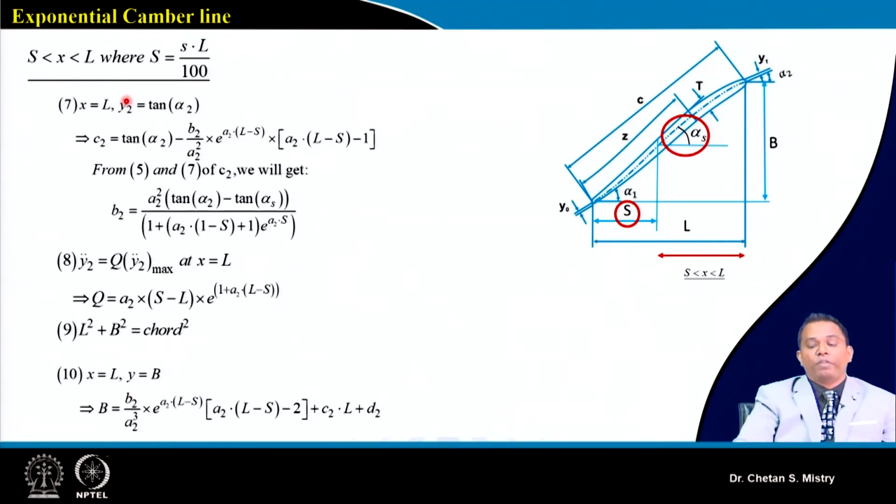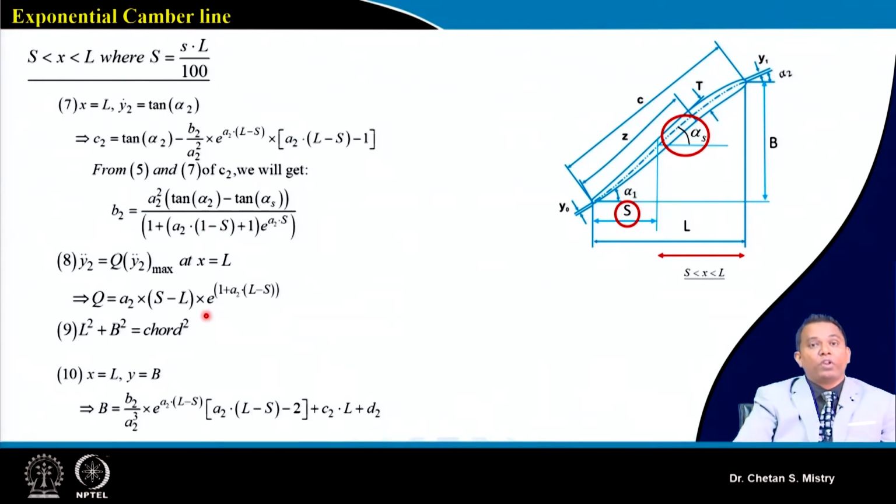Now we will be putting the next boundary condition at x equal to L, near the trailing edge. That will give me a second value of c2. Again, if we solve these two values of constant c2, we will be able to achieve the value of constant b2.